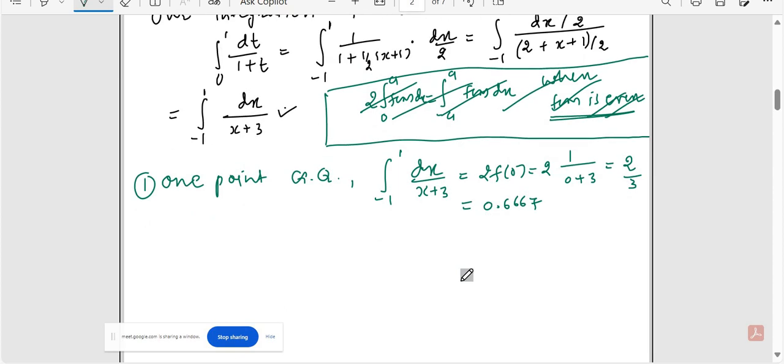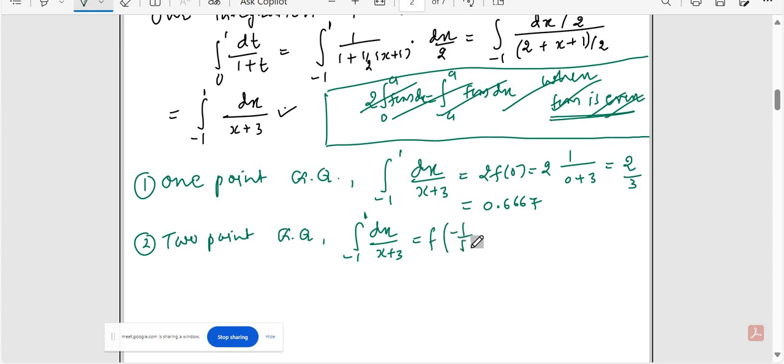Check it. Yes. Okay. Now second, 2 point Gaussian quadrature, that will be the integral from -1 to 1 of dx upon x plus 3, that will be f of -1 by root 3 plus f of 1 by root 3.